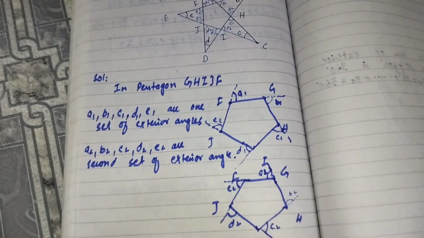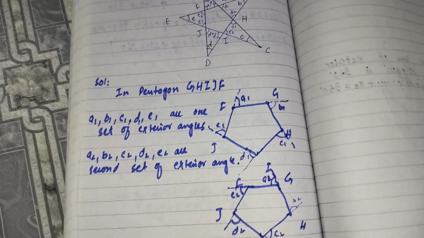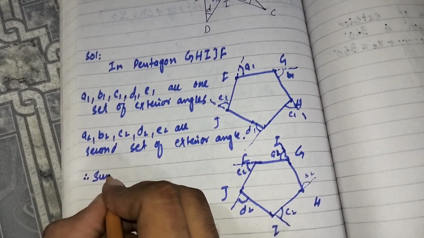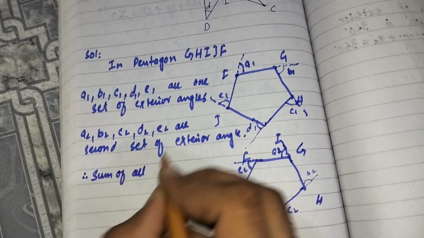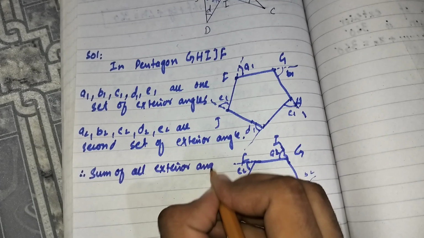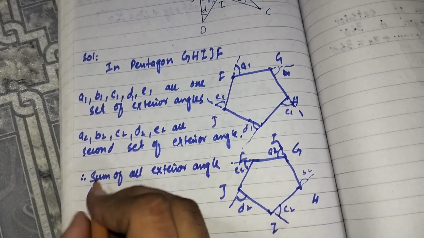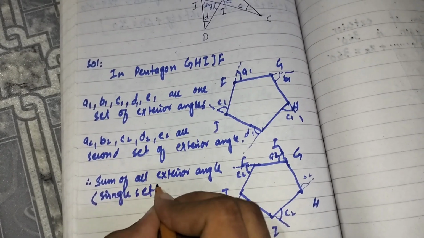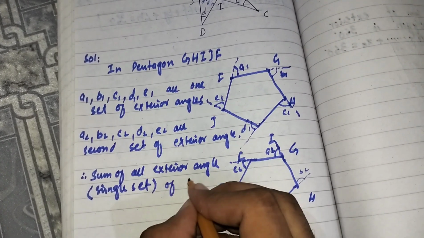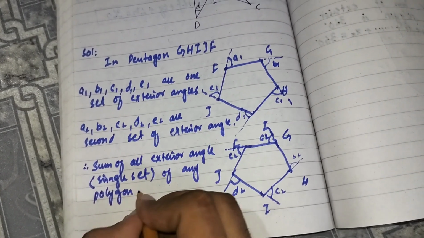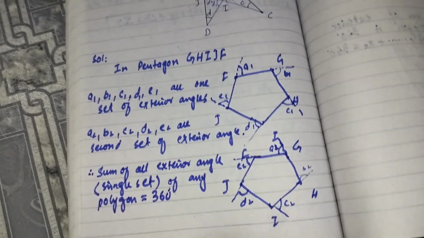They cannot be taken at the same time. Now one thing we know is that the sum of all exterior angles of any polygon, of a single set, is equal to 360 degrees.